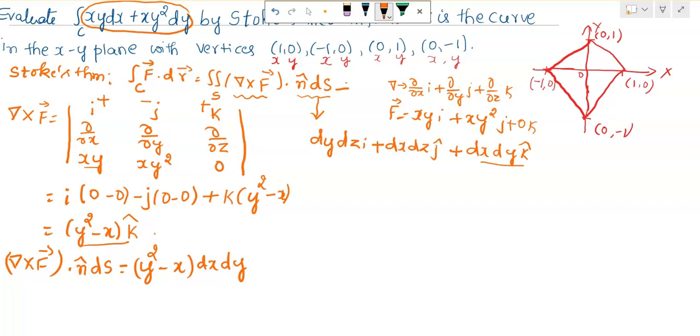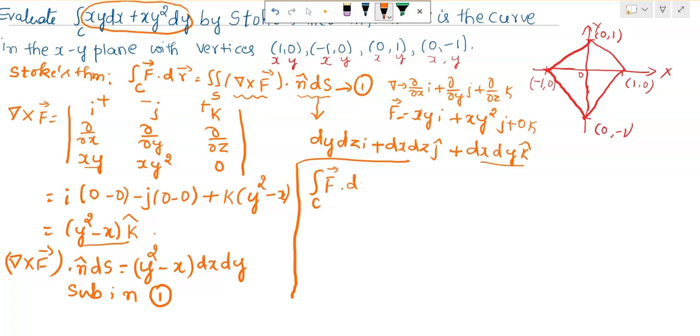Now let me substitute in equation number 1. Substitute in 1 and integrate. So now we were having integral over C of F vector dot dr vector equal to the integral. What is the x value? See, x ranges from minus 1 to plus 1. So x is equal to minus 1 to plus 1.